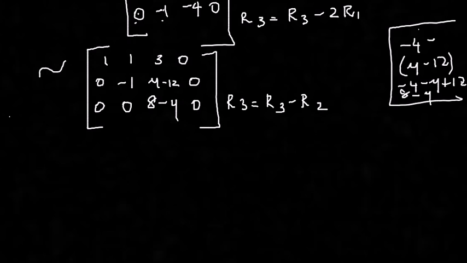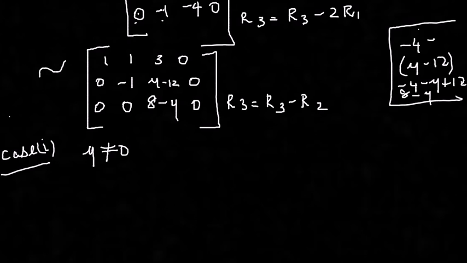So we have two terms here, 8 minus mu and mu minus 12, right? If I have to bring it to the echelon form, I can have two cases here, where mu is equal to 8 and the other where mu is not equal to 8. So first let's see the case where mu is not equal to 8.